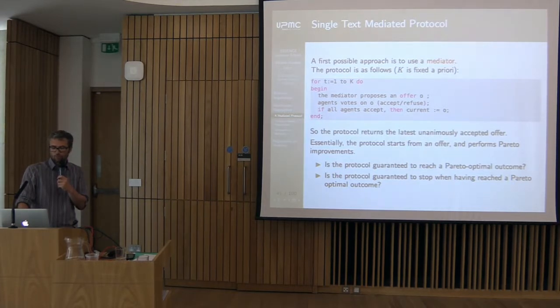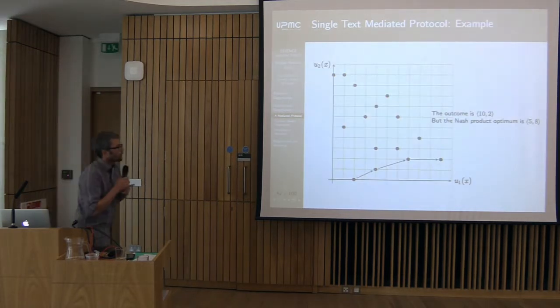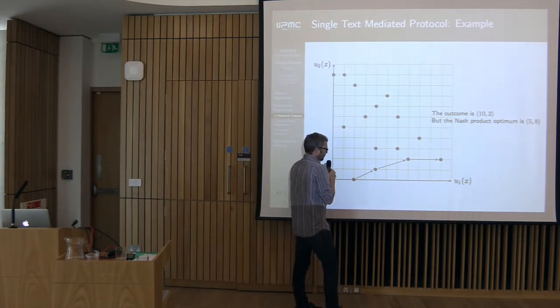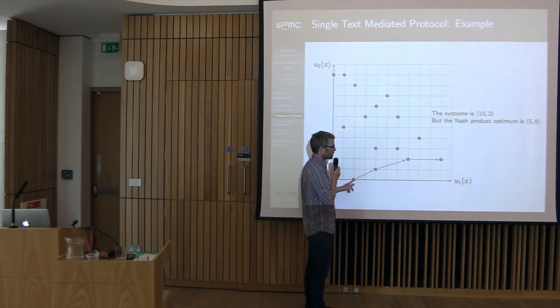Well, actually, no, because you have this value k, and you are not sure that within k steps you would reach the Pareto frontier. So suppose you have two steps, well, you start from this value. So the mediator first says, okay, I propose this. Okay, they say yes because they don't have anything so far. Then the mediator says, okay, now I would propose this.